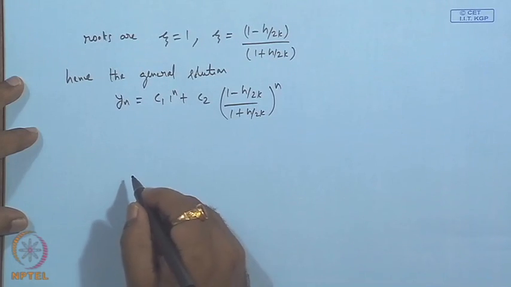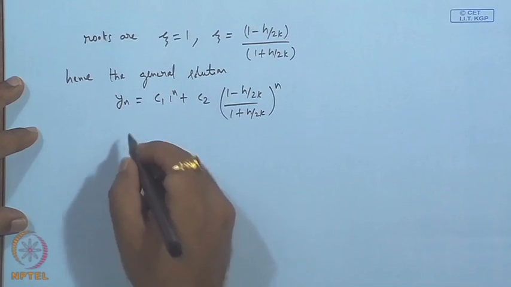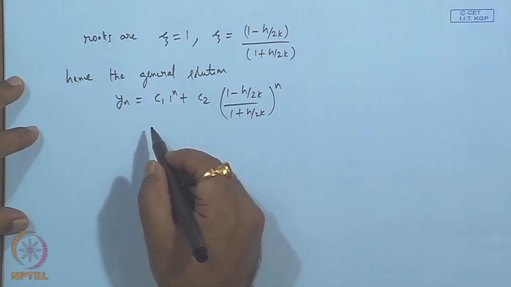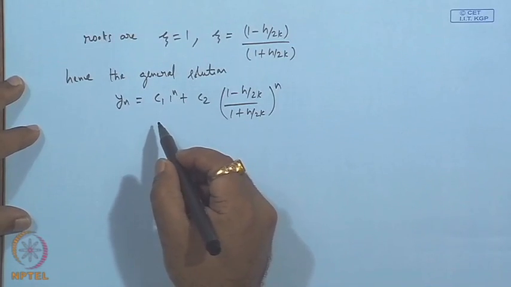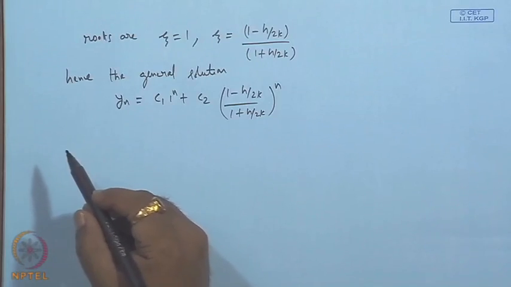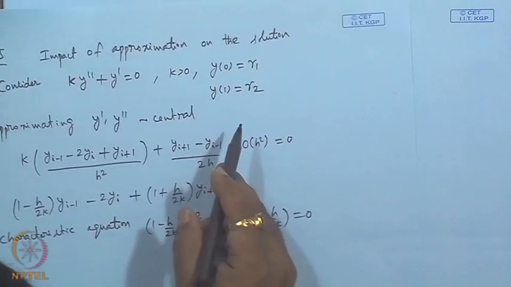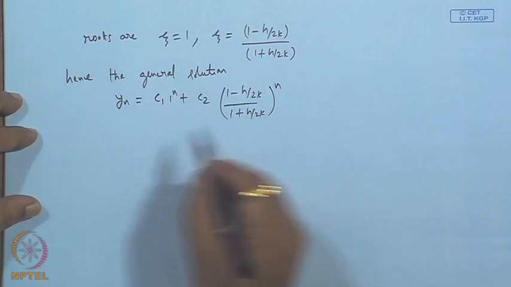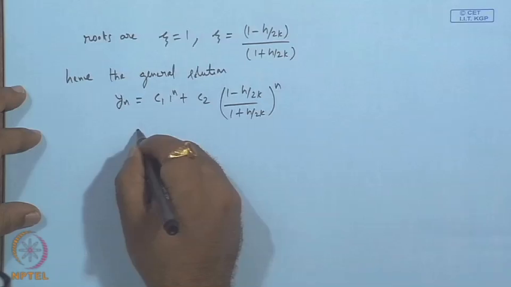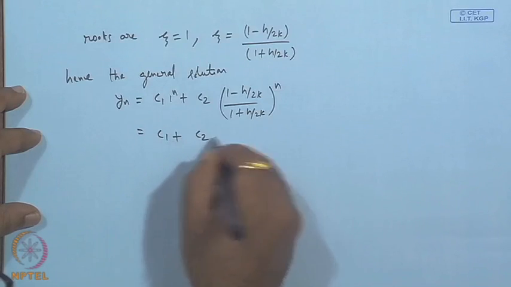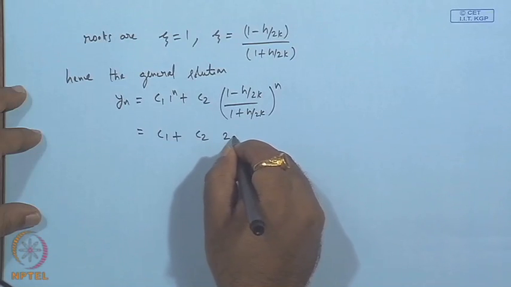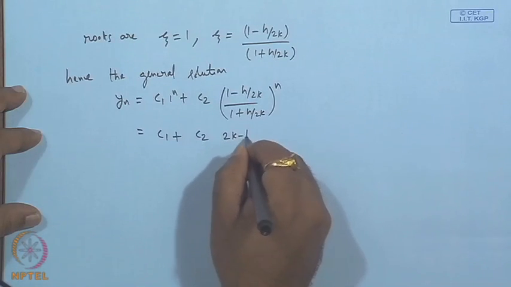So, this is a general solution. Okay. So, we need to obtain the conditions for stability, because what is the use? We are trying to discuss the impact of approximation on the solution. So, for the central we obtained this, and this is a solution. Okay. So, this is C 1 plus C 2, 2 k minus h.